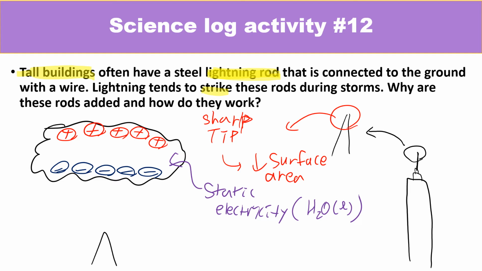Now, let's think about the lightning rod over here. Even if you have positive charge and negative charge, imagine there are two different types of lightning rod. The thing is, I drew the same number.